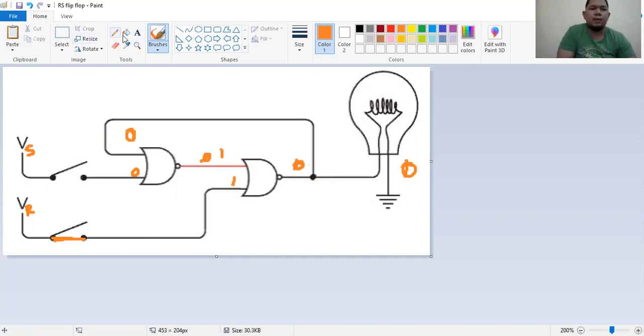So what happens if we open the second switch for the reset? We still have an output of 1 or 0, so it becomes 1. Invert that, it becomes a 0, and we still have a value of 0 for the output. So we retain the last output value of 0.